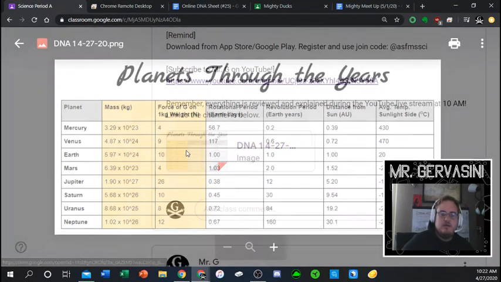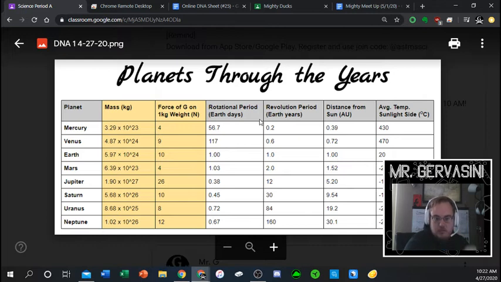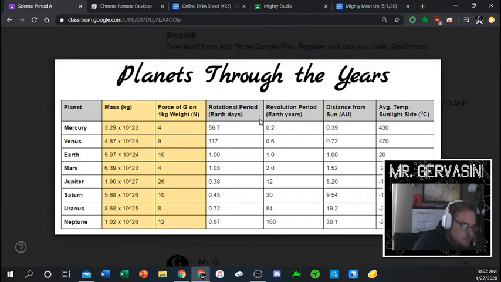Alright, so we go back to our data. The lowest amount of gravity, it's a tie between Mercury and Mars. So kind of put them in between. The next highest number, 8, is Uranus.